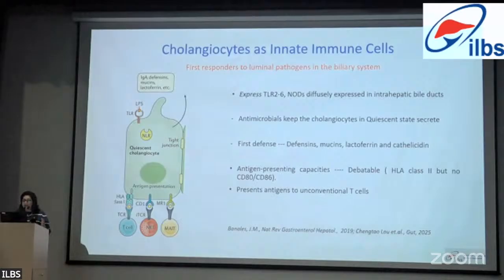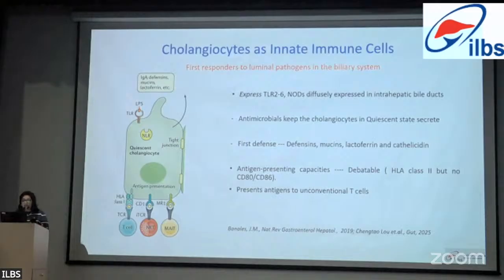As I said, they are the first defense, and they release mucins, defensins, and other proteins. In fact, in bile, second to albumin, immunoglobulins are the highest in number among proteins.